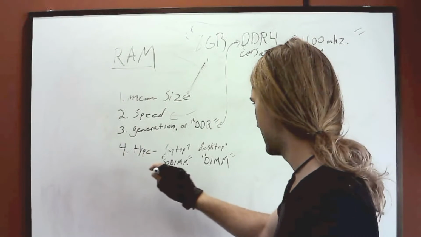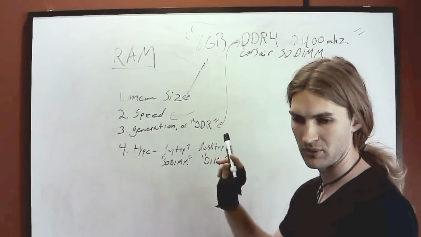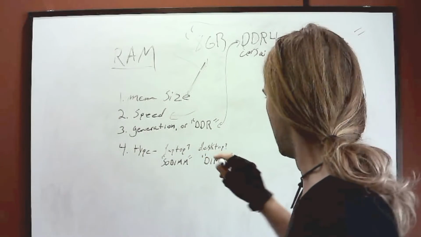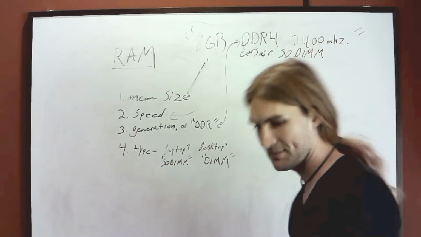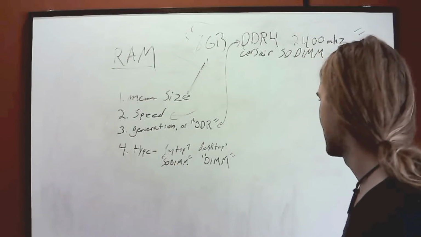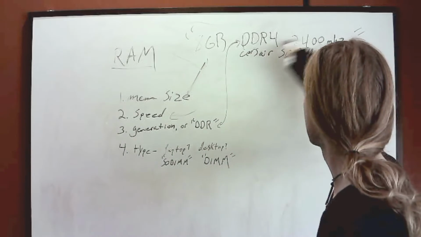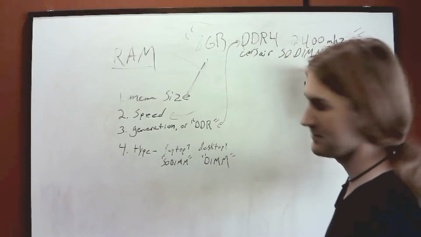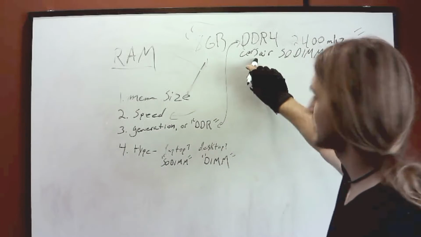Now the last thing is type, laptop or desktop. Either it's gonna be SODIMM or DIMM. DIMM means desktop, and SODIMM means laptop. So if you are buying laptop RAM, you gotta watch out if you're trying to stick it into a desktop. Oh yeah, and the last one was Corsair.